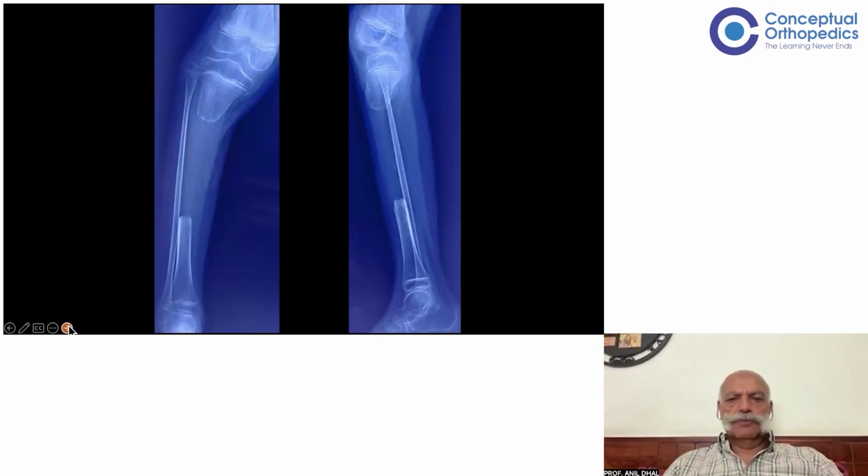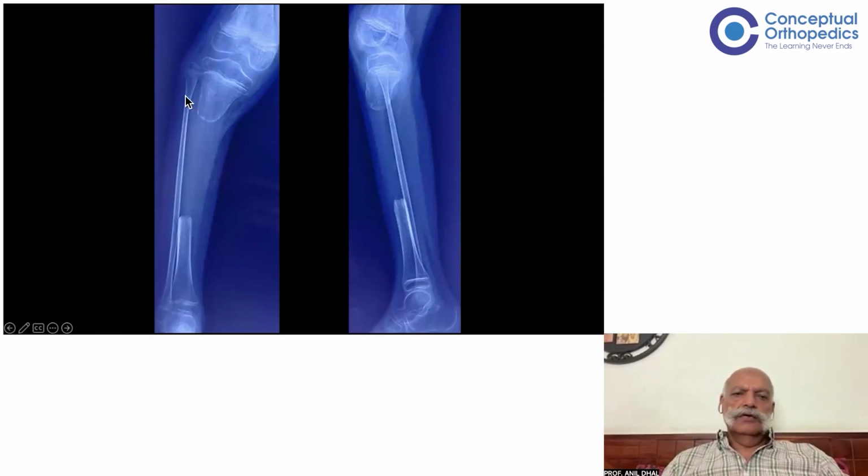The procedure was performed in 2 stages. In stage 1, we sectioned the fibula somewhere around the neck of the fibula after exposing the common peroneal nerve and protecting it. And then we implanted the fibula to the side of the lateral aspect of the tibia, proximal tibia.